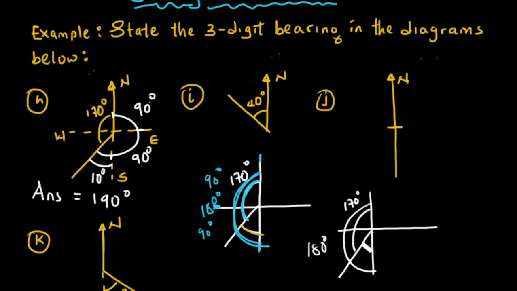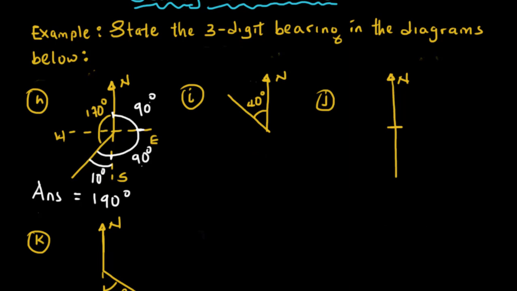Do you understand? Now let's take I. Now remember, the first thing to do is to complete this diagram. So we have this. East, south, west. Now the next thing, remember the rule. Move from the north and move clockwise.